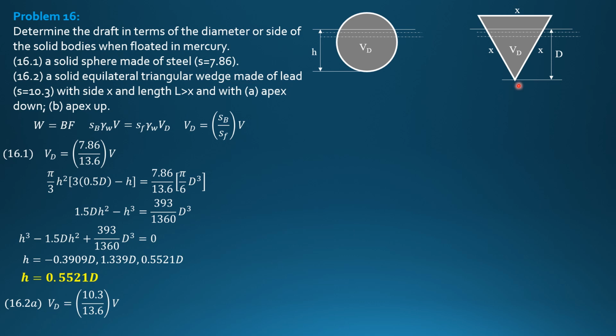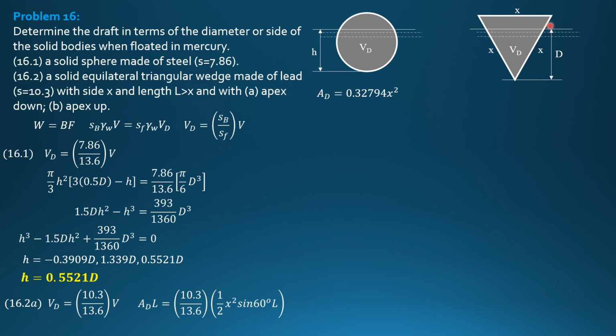Volume displaced is area displaced, the area below the mercury surface, times length, and volume total is area of the equilateral triangle times L also. So area displaced times length equals 10.3 over 13.6 times 1/2 x squared sine of 60 degrees times L. Cancelling out L, area displaced is equal to 0.32794 of x squared.